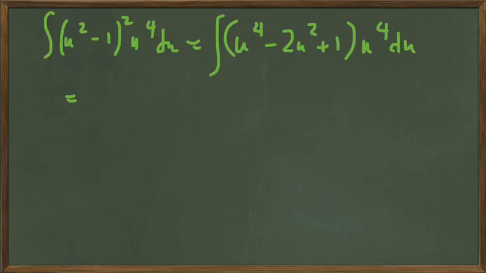So we expand u squared minus 1 quantity squared and get u to the fourth minus 2u squared plus 1.